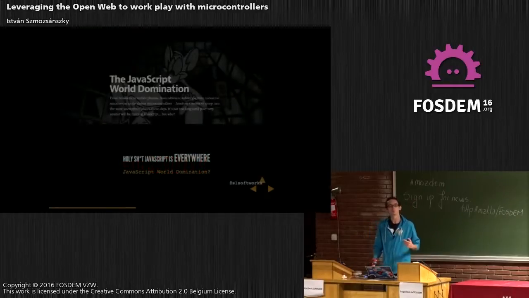So the other view into JavaScript, why is JavaScript good on hardware? JavaScript is getting very ubiquitous. 5 or 10 years ago, you could use JavaScript to script your browser.